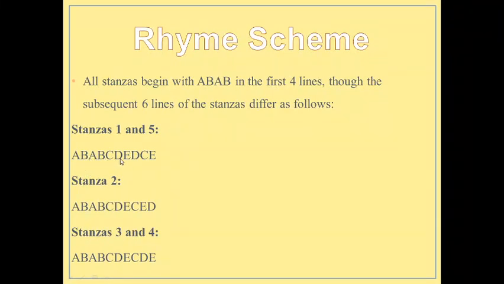For all stanzas, the first 7 lines are the same, but the last 3 lines are different.